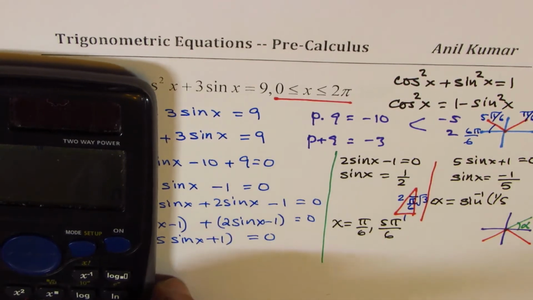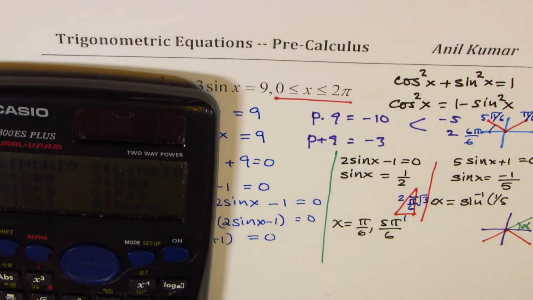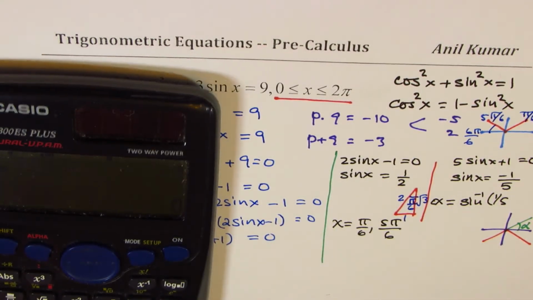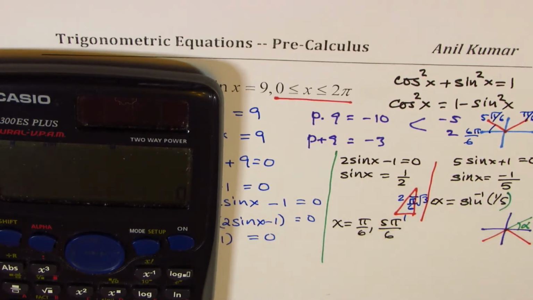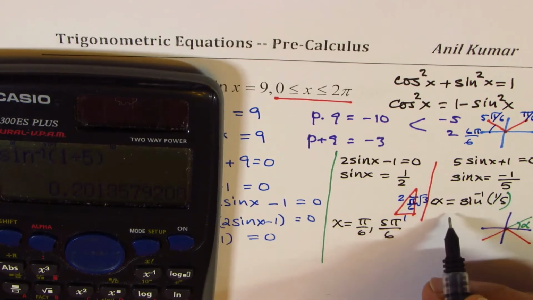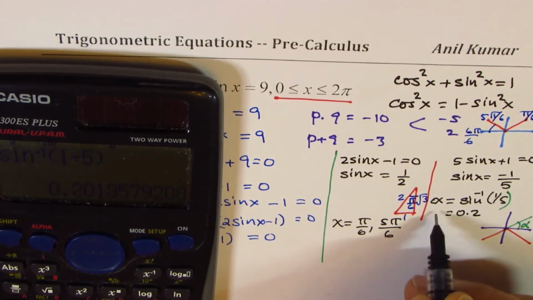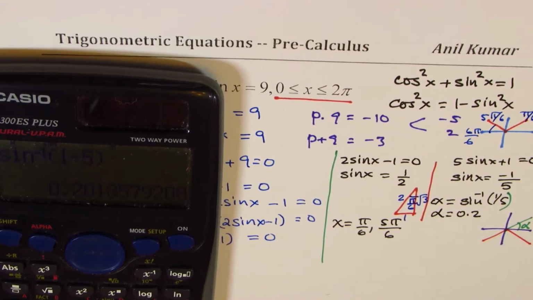So set up this calculator to radians and now find sine inverse of 1 over 5. So sine inverse of 1 divided by 5 is equal to 0.20, let's say 0.2. So we get this angle as 0.2 as the related acute angle.